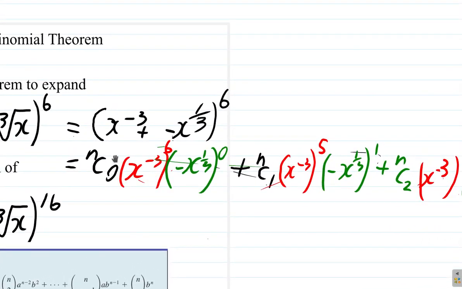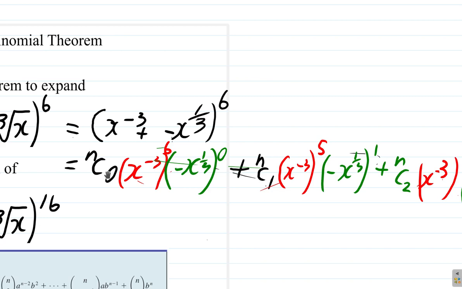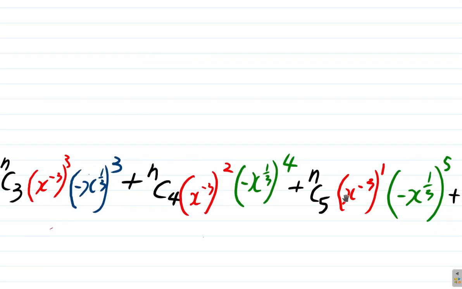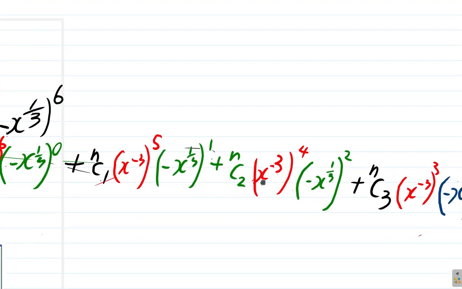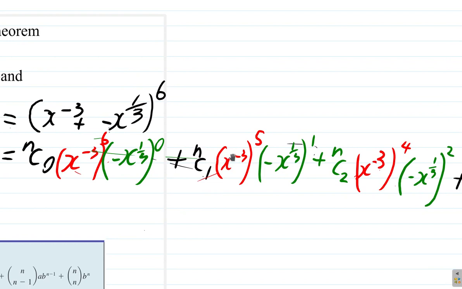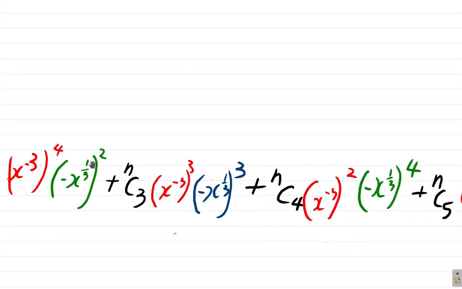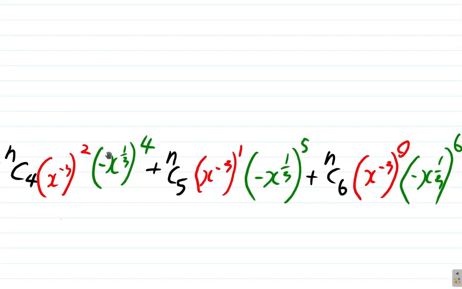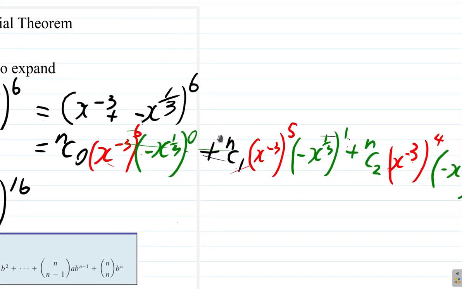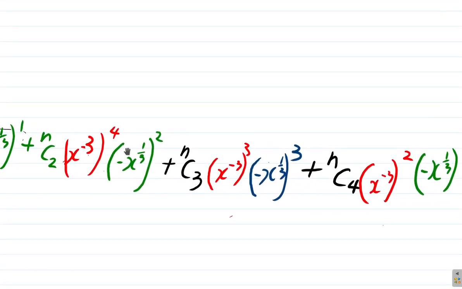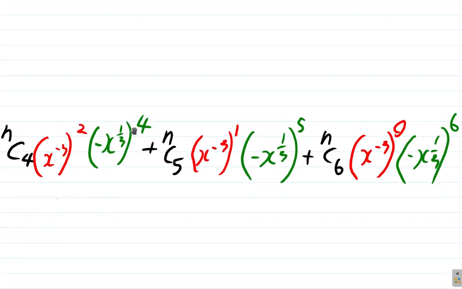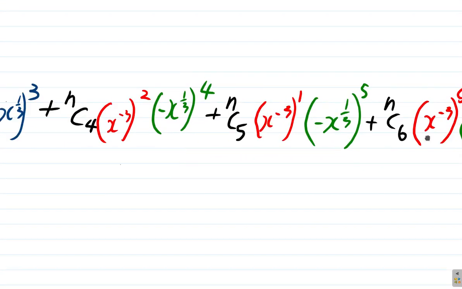The combination, the n on it, you see, it remains, but this value goes from 0 to 1, 2, 3, 4, 5, 6. Then the first item was x to the negative 3. The power went from 6 to 5 to 4 to 3 to 2 to 1 to 0. And as for the second item in the bracket, negative 1 x to the 1/3, the power goes up from 0 to 1 to 2 to 3 and to 4, 5, and 6. Alright?